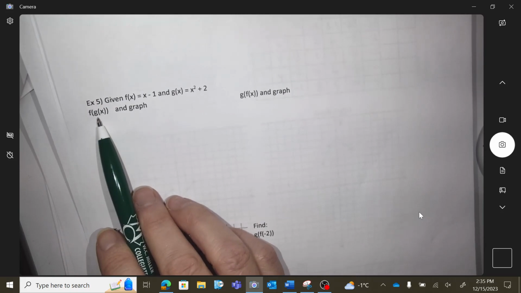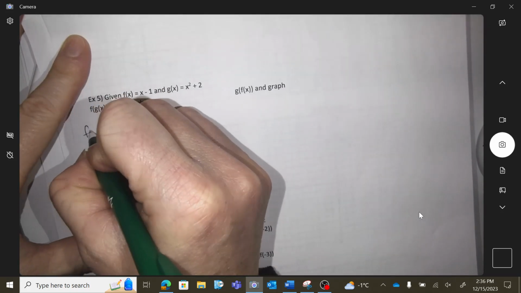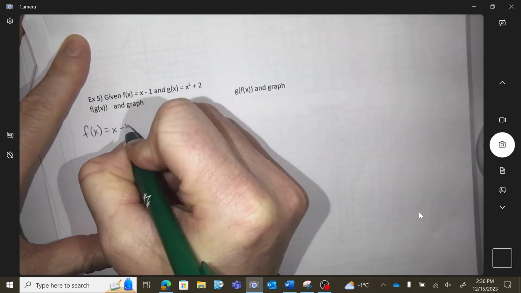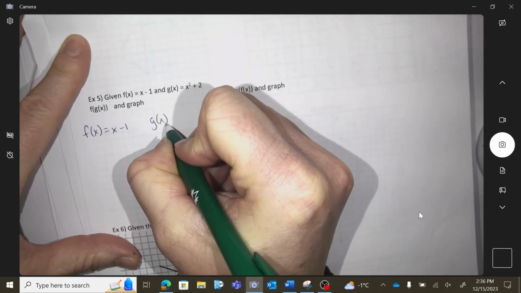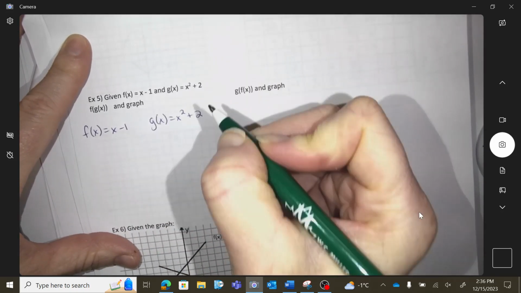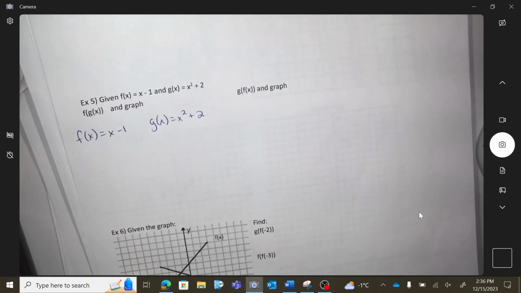Okay, number 5. Find the f of g of x. So I'm just going to write these out here. You don't have to do this, by the way. Okay, so here's the deal. What is the input and what are you putting it into? That's what you're thinking.